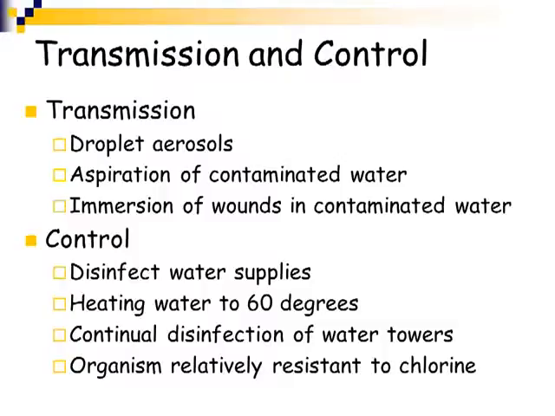So the best control for this organism is to disinfect the water supplies, heating the water to at least 60 degrees, and continual disinfection of air conditioning water towers in big buildings such as conference rooms, hotels. And the organism itself is relatively resistant to chlorine, so you have to use other types of disinfectants.